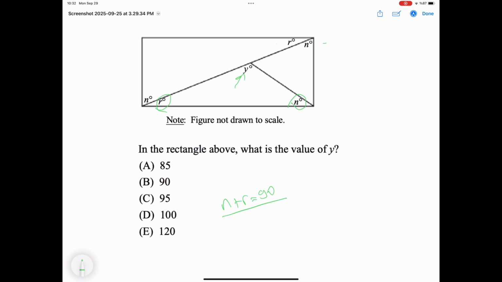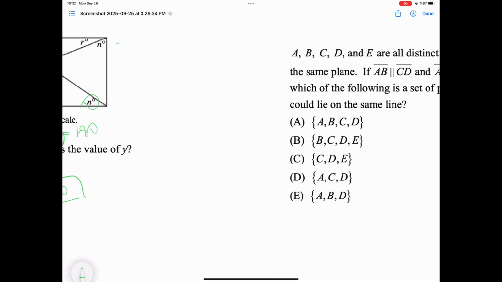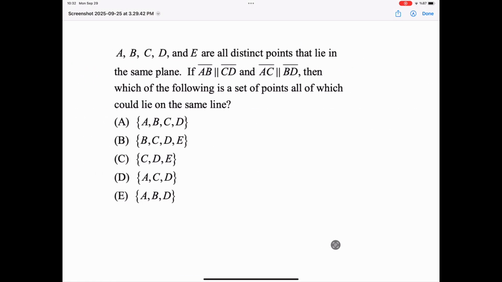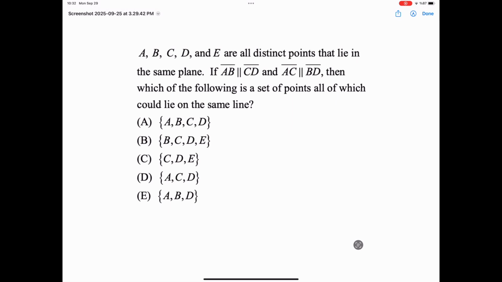So we know that this is a triangle, and n plus r plus y should be 180. We know that n plus r is 90. Therefore, y is nothing but 90. All right. Yeah, this was an interesting question.